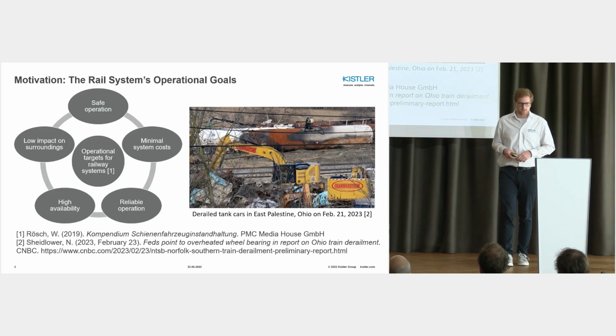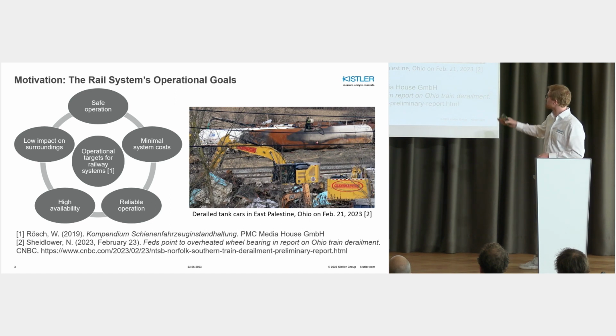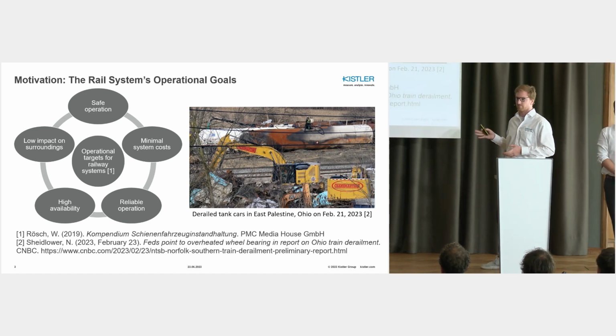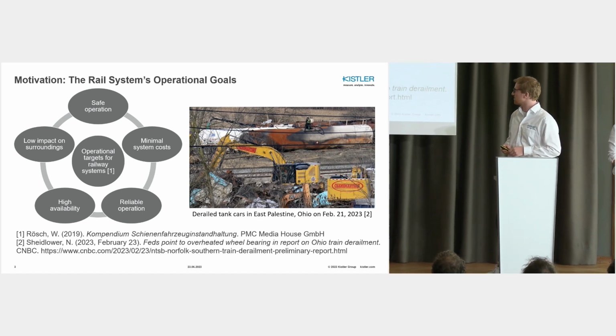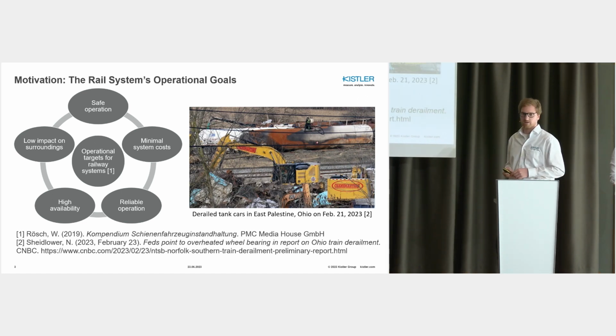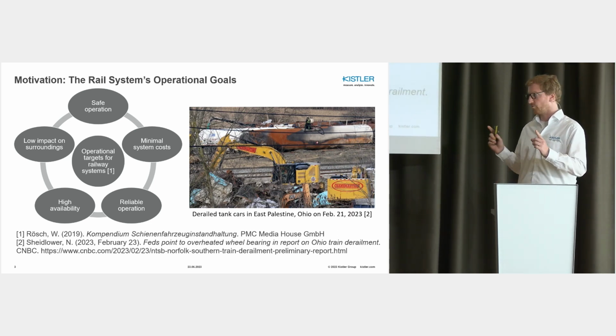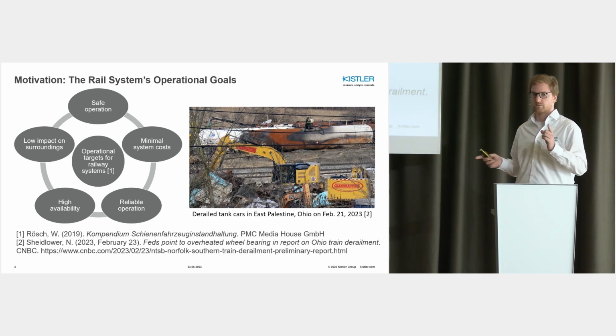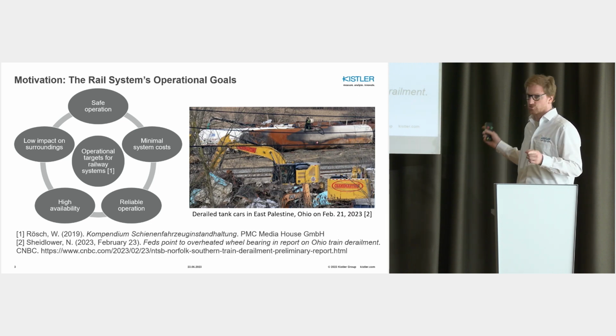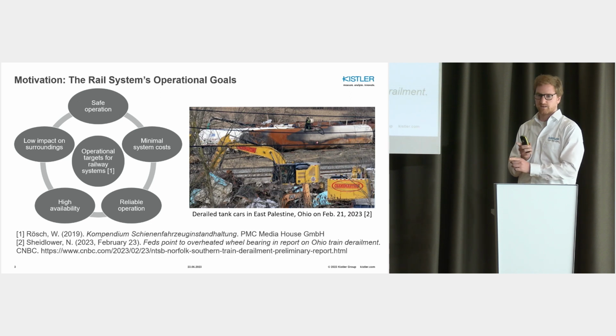Good. So let's have a look at the picture here on the right. Perhaps some of you have known about this rail incident in East Palestine, USA. What happened there was that there were wayside monitoring systems monitoring the temperature of the bearings. The train went past one, then 50 kilometers later, it went past the next one.